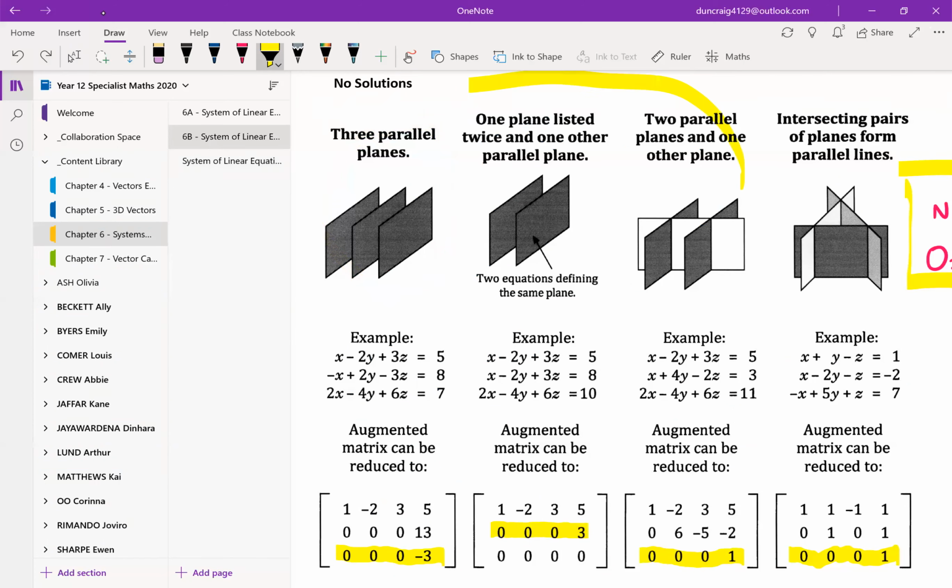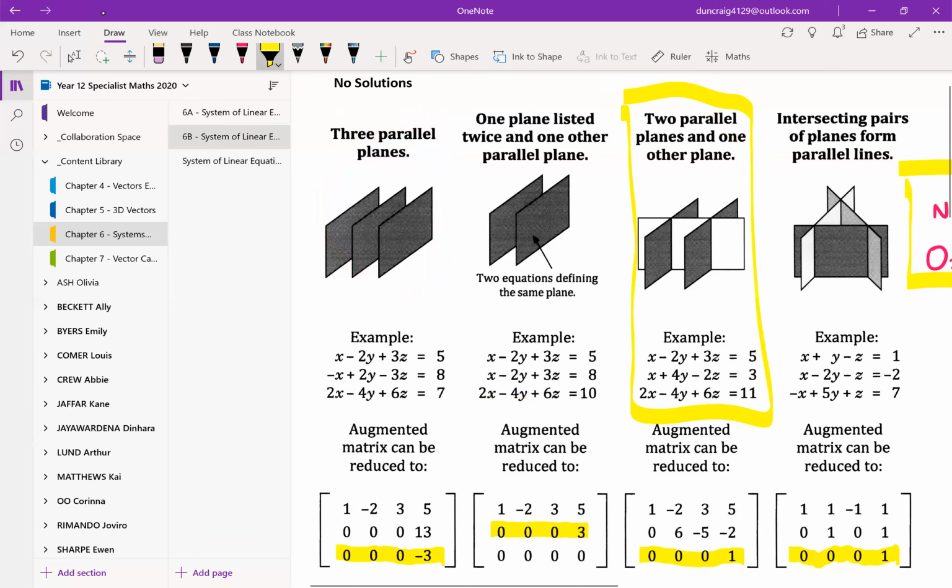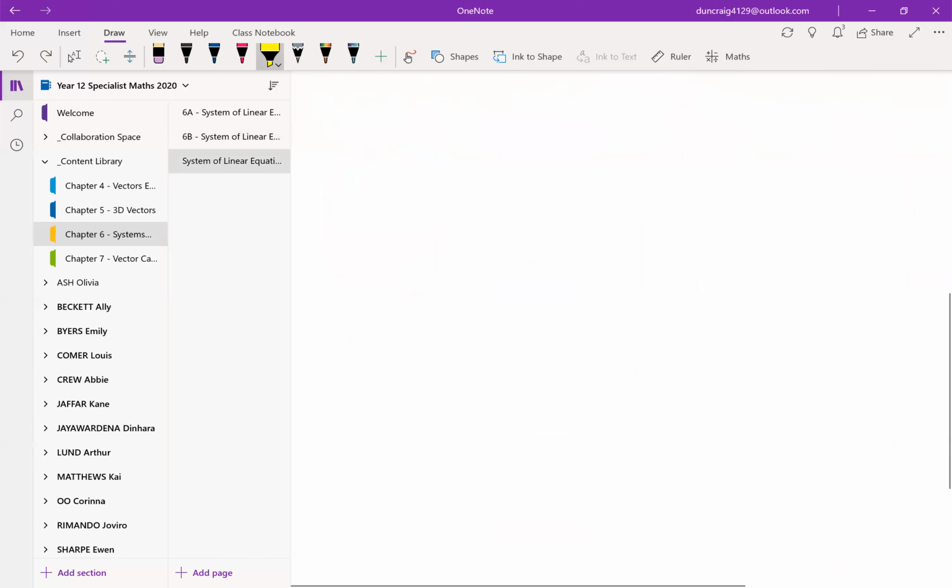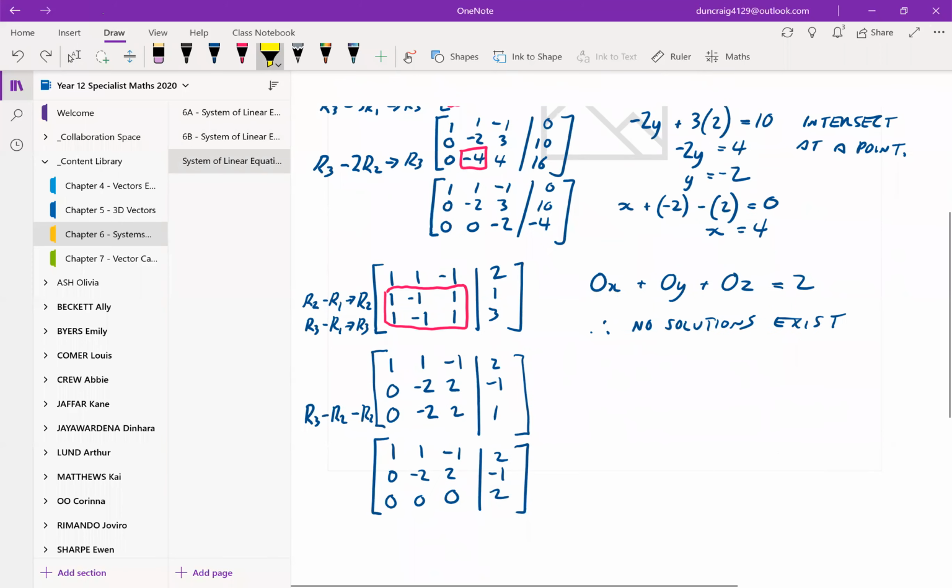So that leaves us with basically it has to be one of these ones here. Well, actually, it can't even be that second one there because they're all essentially scale factors of one another as well. So it must be this particular scenario here where one's a scale factor and the other one's a random. So it must be two parallel planes with the other one crossing. So we'll write that down.